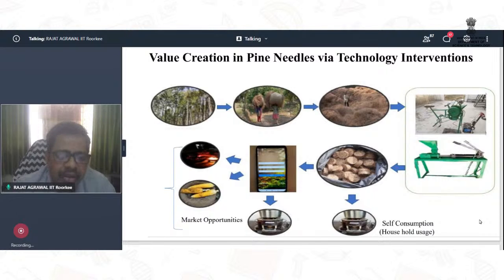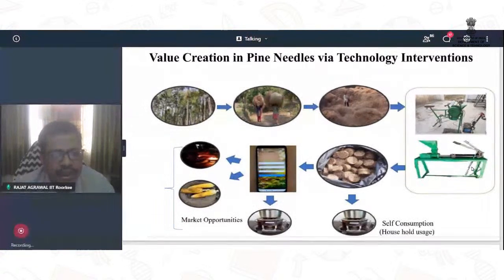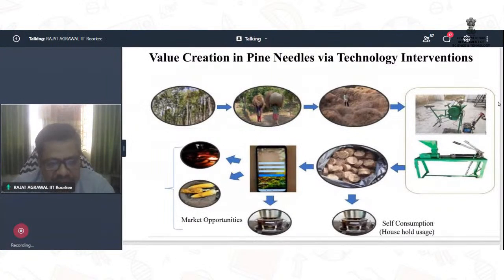We have developed the capacity of local youth so that they can take care of small maintenance issues, so it becomes altogether independent. We need not do any hand-holding of the products once we leave the site. Then we have created a system so that it becomes a self-sustaining business model also.